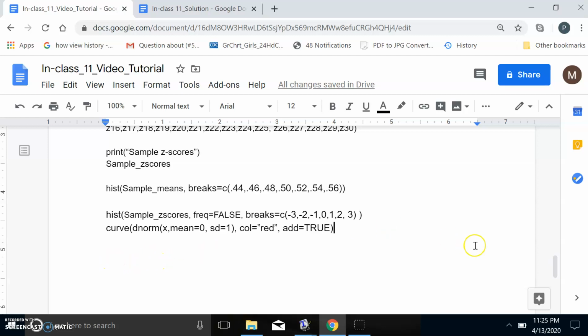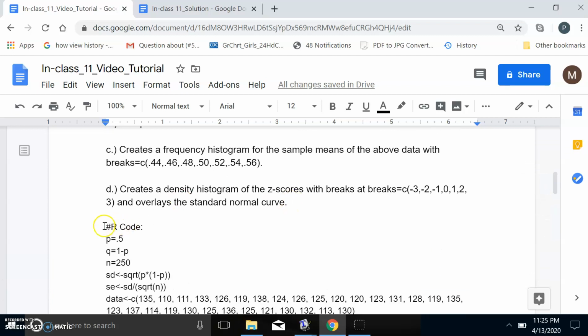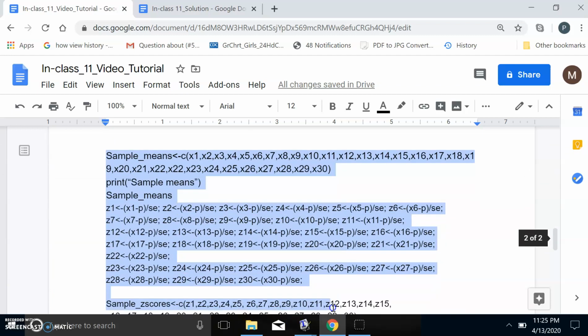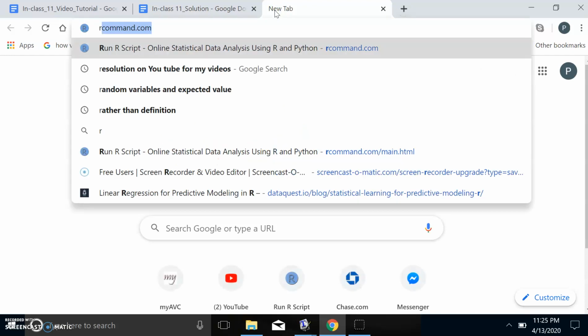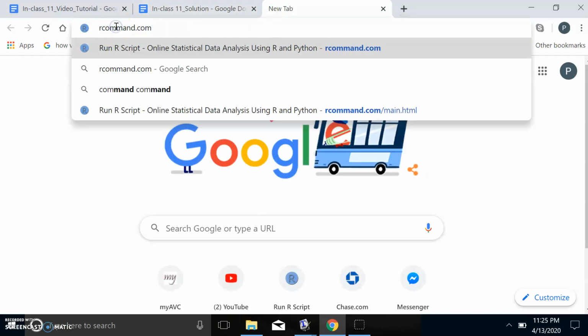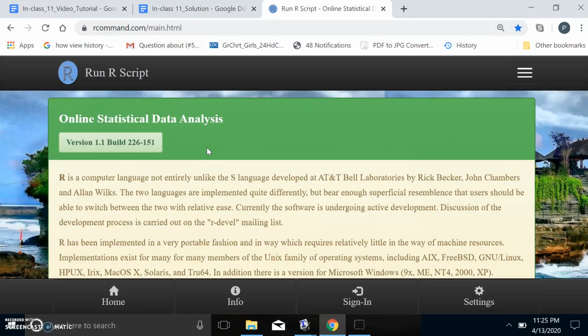So let's copy this now into our script and run it. It starts here. So we're going to run our script, our command, there it is. Okay.